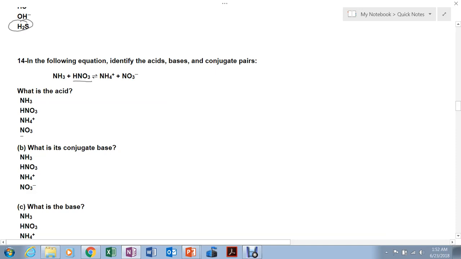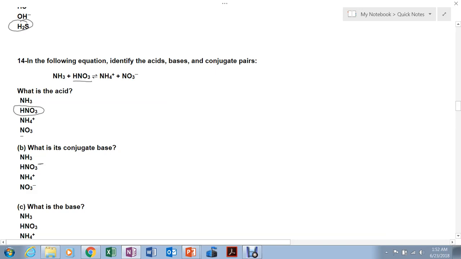In this case, it's a base. Don't forget what I'm saying. So the acid would be this one, and you know nitric acid is a strong acid. And then what is its conjugate base? The conjugate base would be NO3 negative.